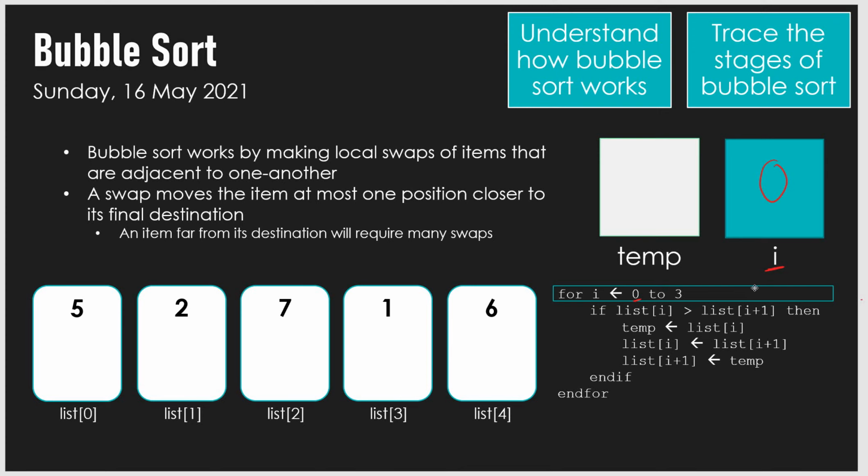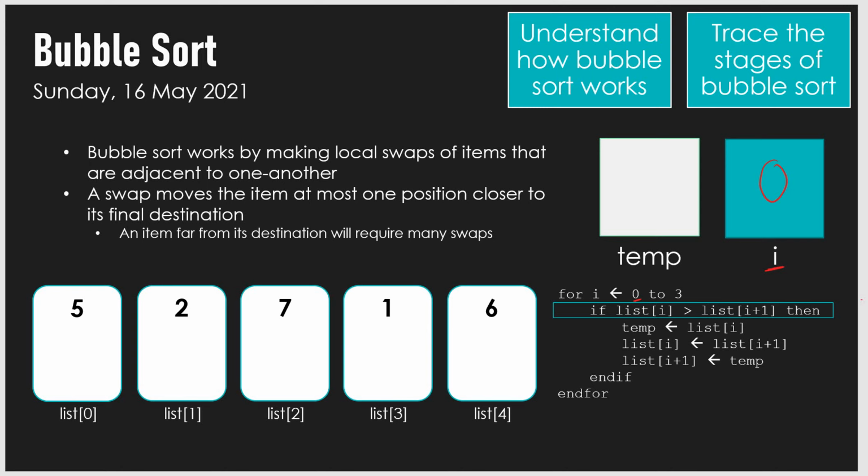Now I'm going to bring just this rectangle here. What this is checking is if list[i], and if we look at the variable i, we can see that its current value is 0.